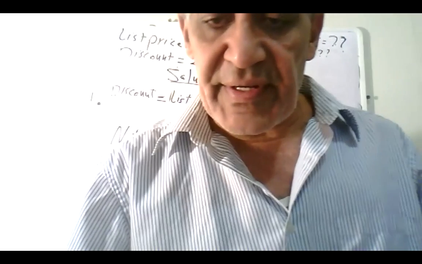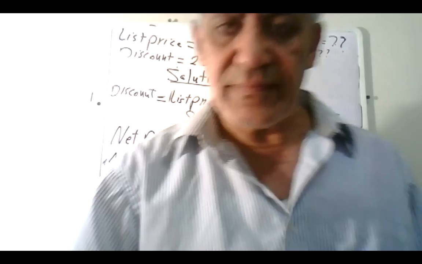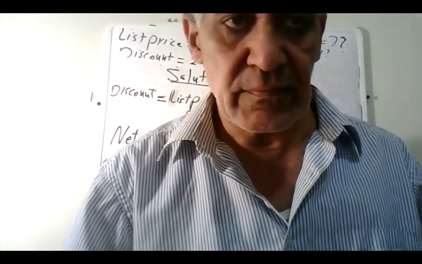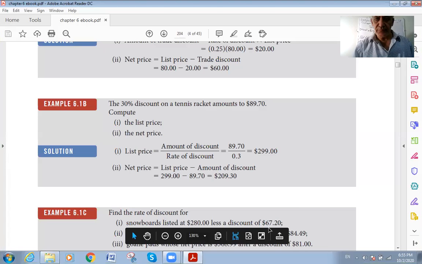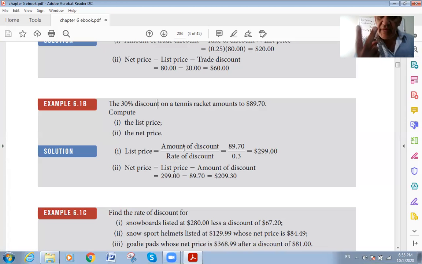And this is another example. In this example, I have to know two variables to find the third, like in any equation with three variables. If I have two, I will find the third. So here I will get the list price, dividing the amount of discount by the rate of discount. It's the same idea.